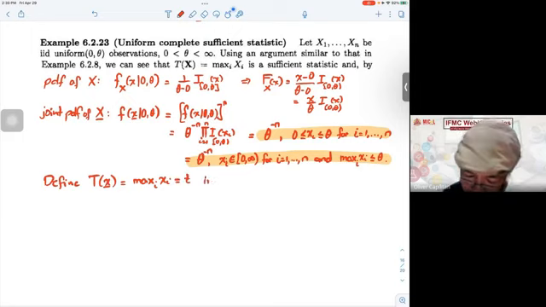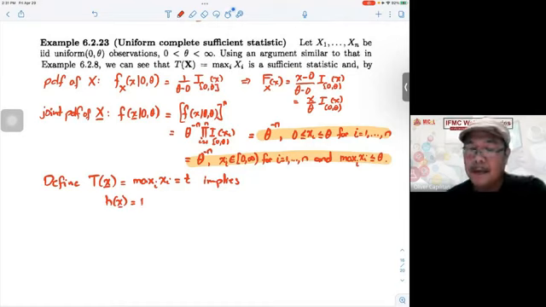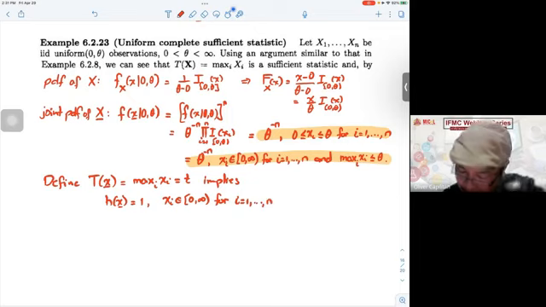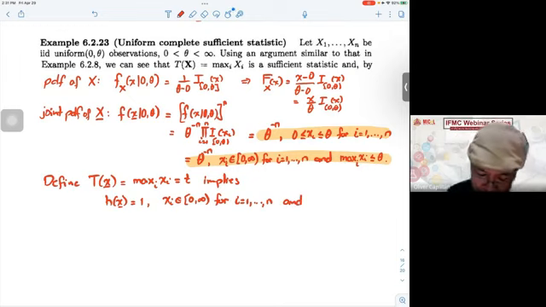It would imply that the factor h of x, the factor of the observed sample, would be equal to 1, for all x sub i in 0 to positive infinity, for i from 1 up to n. It's a function of x here.